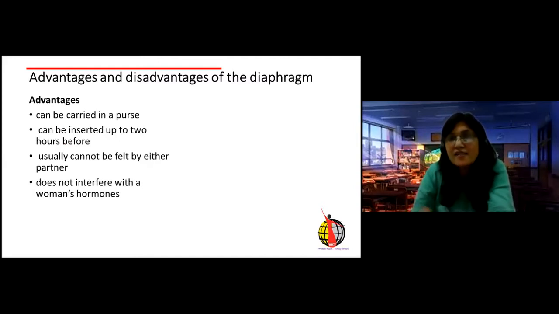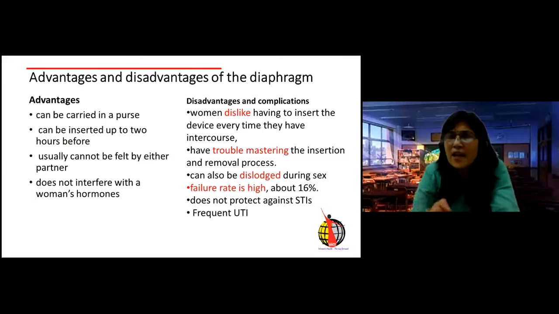Advantages: it can be carried, can be inserted hours before the intercourse, cannot be felt by either of the partners, and thus it is considered an advantage, and it does not interfere with the woman's hormones. So that is important. But sometimes the disadvantage is why the woman is not using it. She doesn't like it.